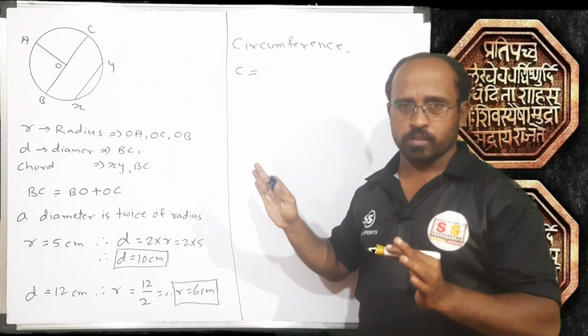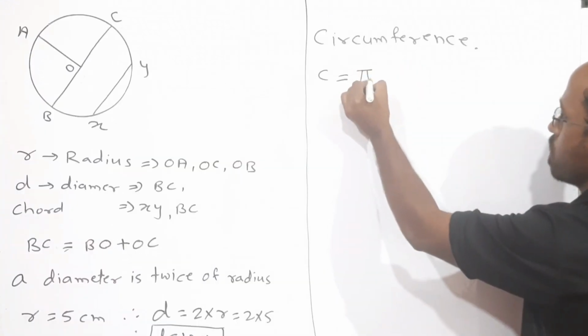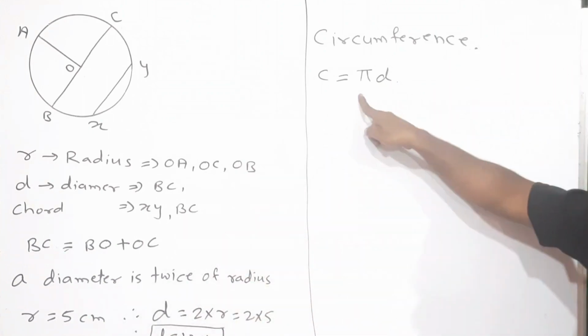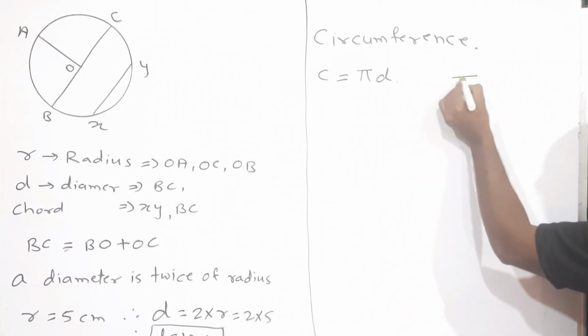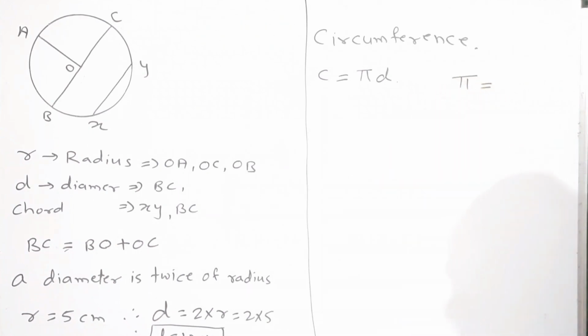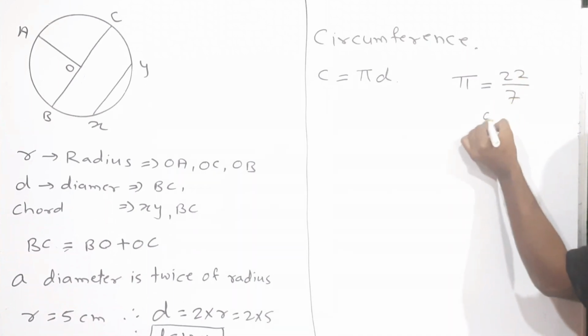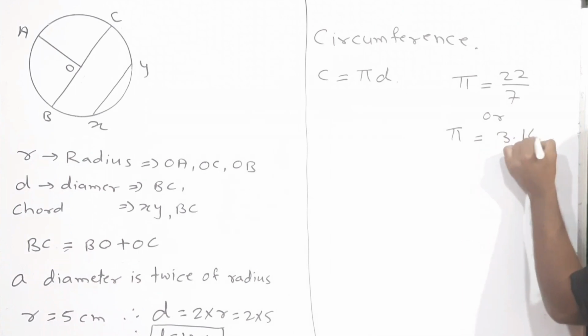There is a formula for circumference. Circumference C is equal to pi multiplied by D. D stands for diameter. And what is this pi? Pi is a fixed value. It is a constant. So this pi is equal to 22 upon 7, or pi is equal to 3.14.